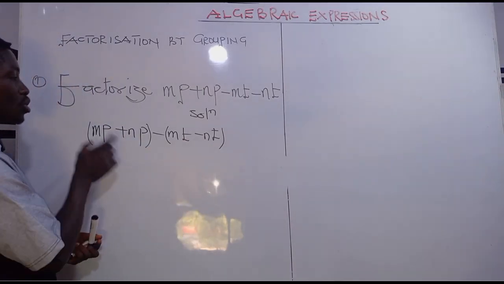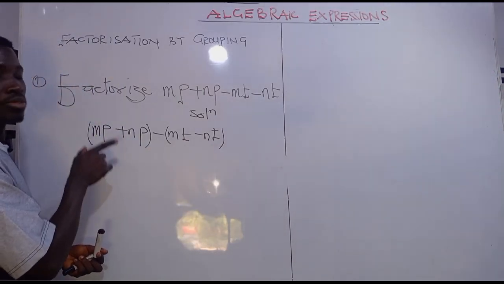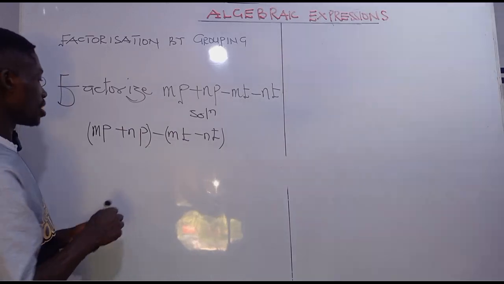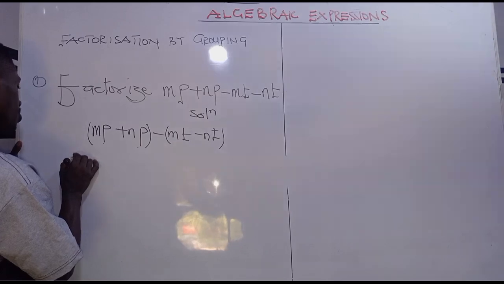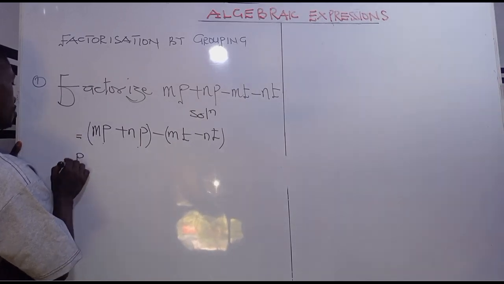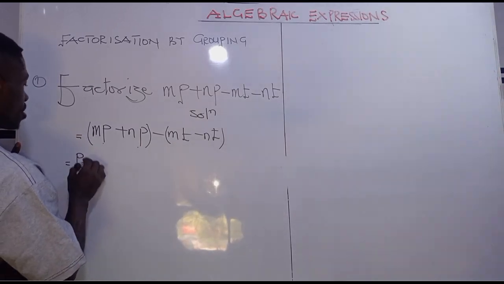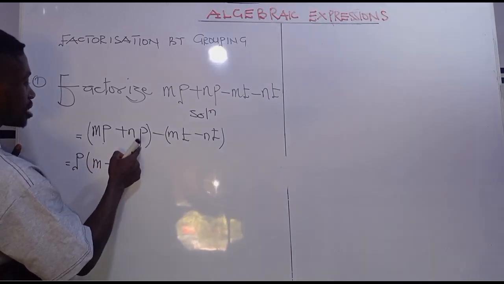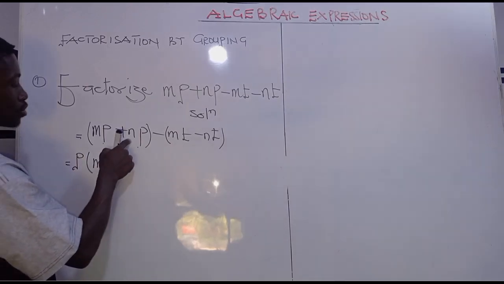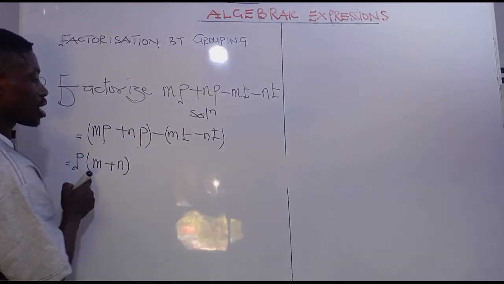Then after that, we factorize each grouping. So you know that we have P here, we have P here, so we can what? Factorize P out. So you can factorize P out, we are left with what? M. Plus, this P has been factorized out, we are left with what? N. We are done with this.